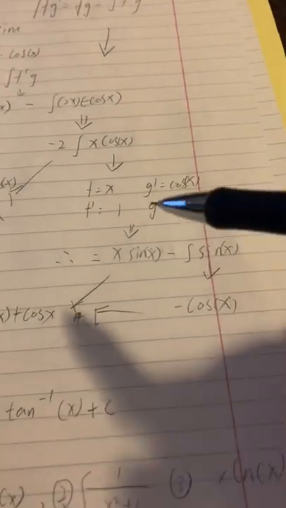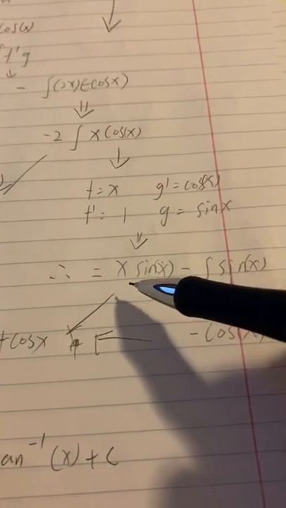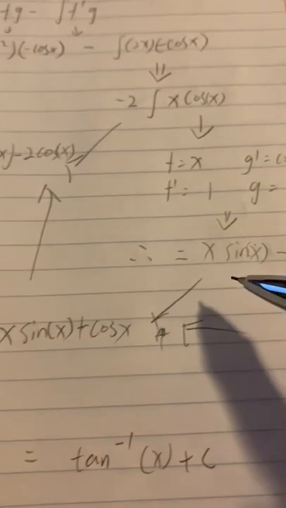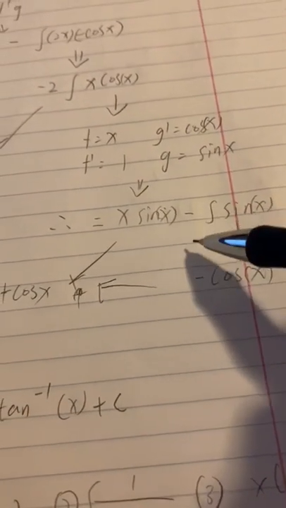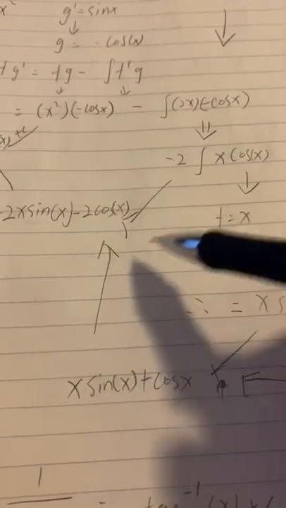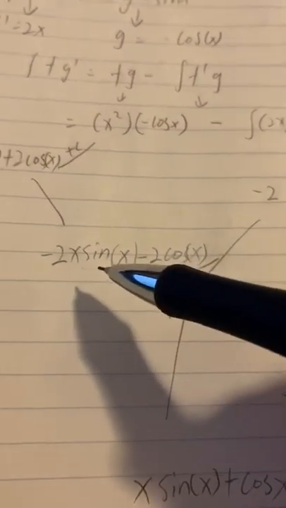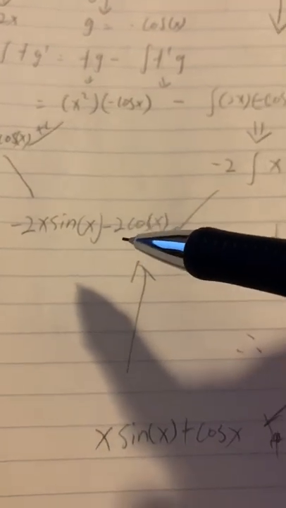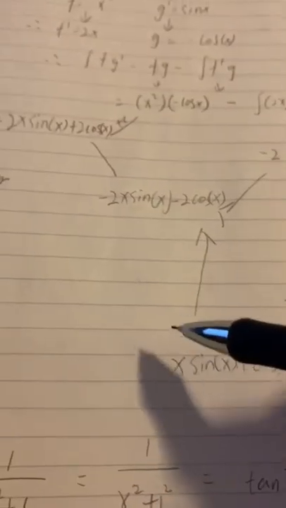From this, we get x sin x plus cosine x, because the minus becomes plus. Multiplying by negative 2, we get minus 2x sin x minus 2 cosine x, because of the minus, everything becomes minus.